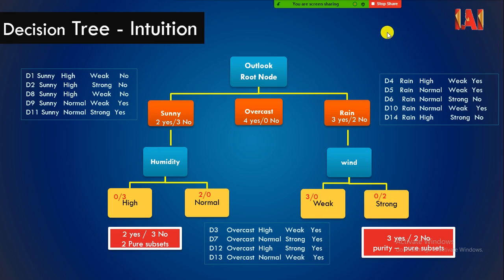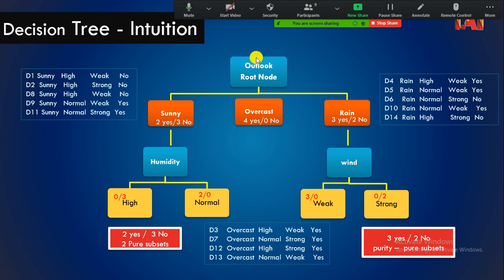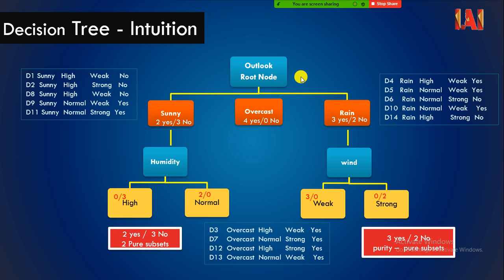In simple terms, your training data starts from the root node and it splits the data based on the category of your root node column, and each subset again it tries to partition the data recursively until the nodes become pure.